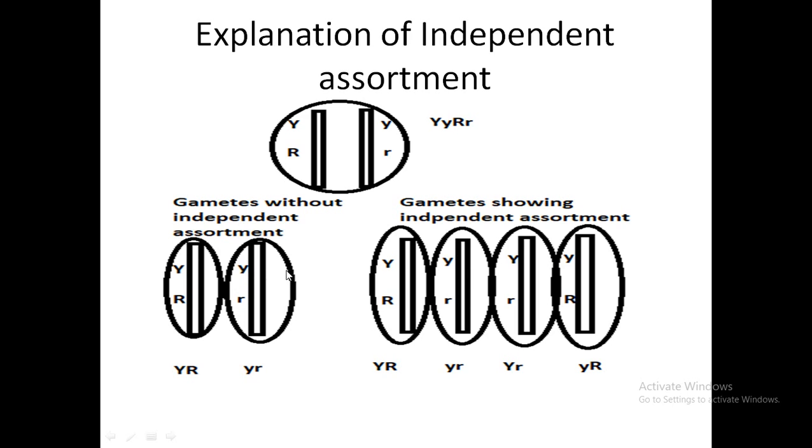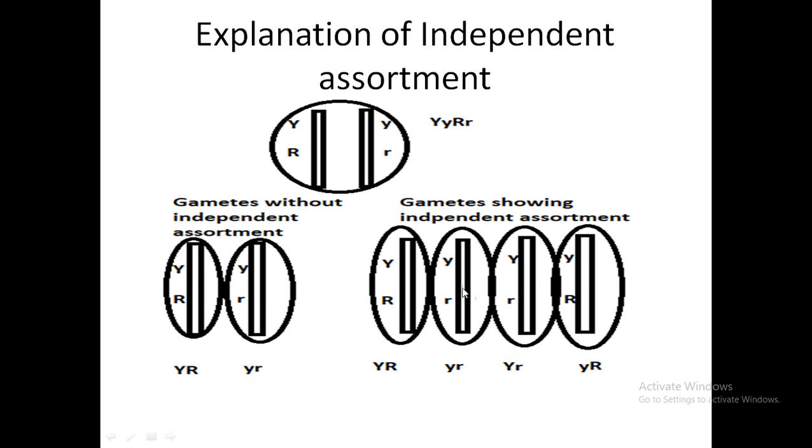If that was the case, only two types of gametes would be produced. If there is no independent assortment, meaning the allele pairs are dependent on each other and remain together in a gamete, then we can expect only two types of gametes.